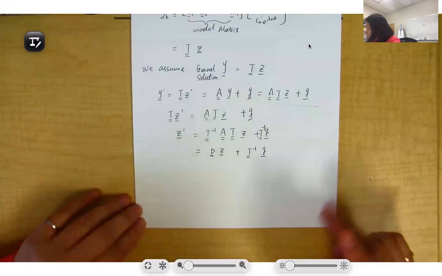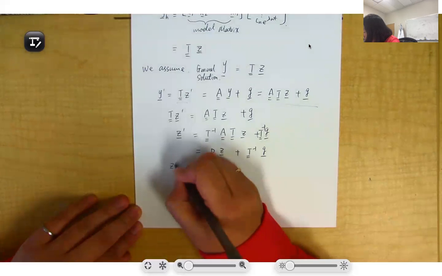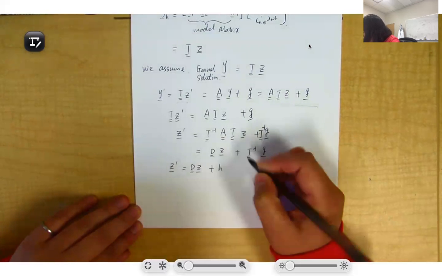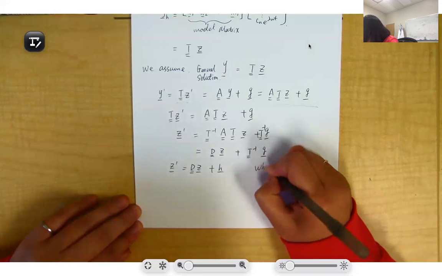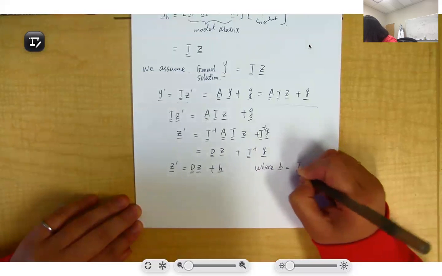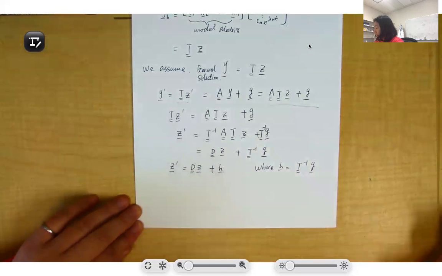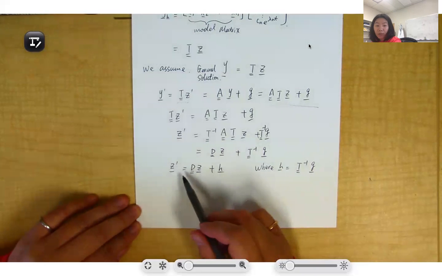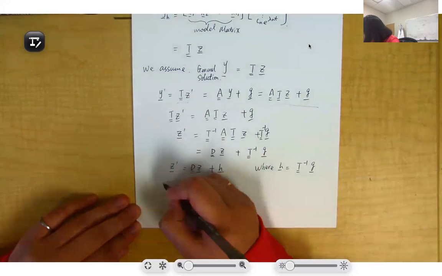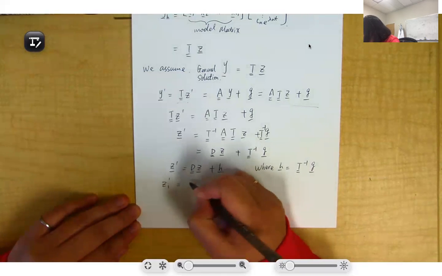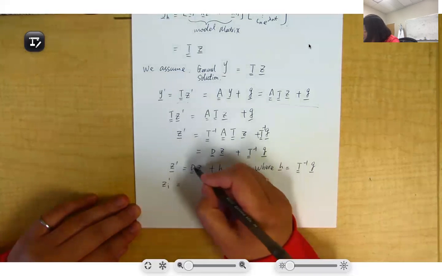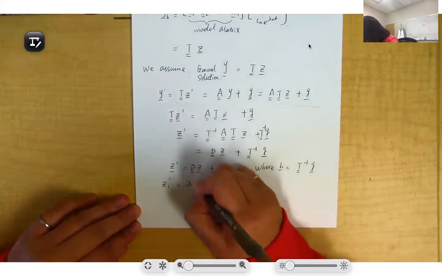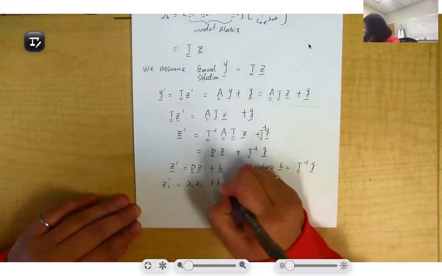Then we can write our equation: z prime equals Dz plus some function h, where h equals T inverse g. For each component inside z, zi prime equals lambda i zi plus hi.